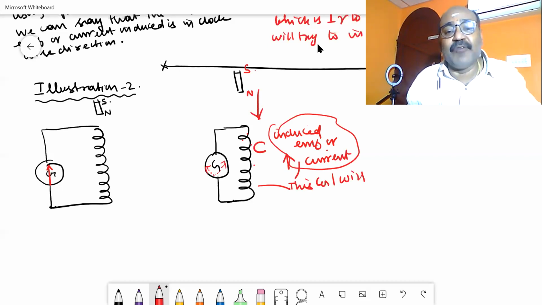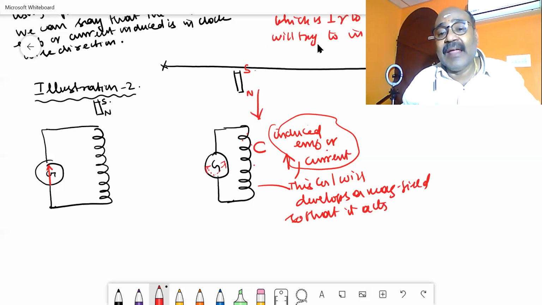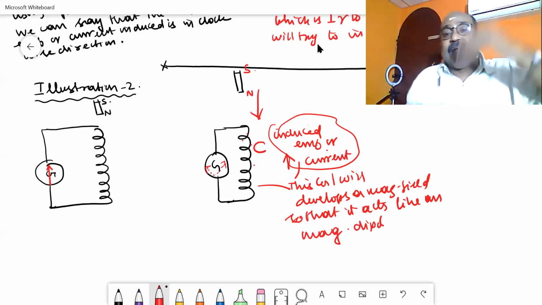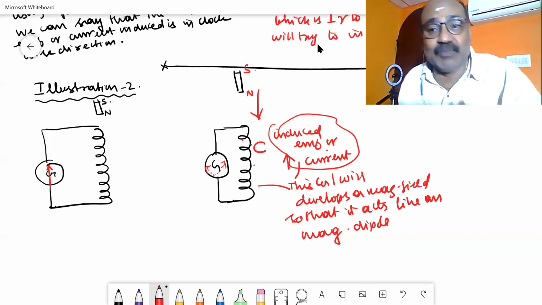so that it acts like a magnetic dipole. If it is acting like a magnetic dipole, it means at one end you will have the north pole and at the other end you should get the south pole.